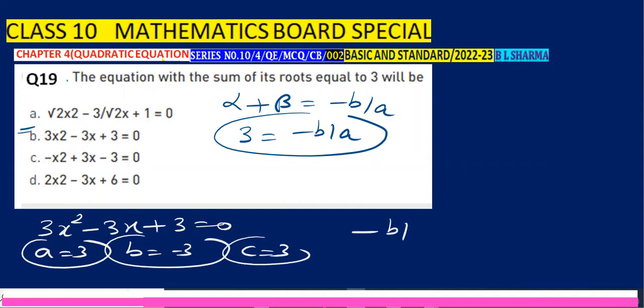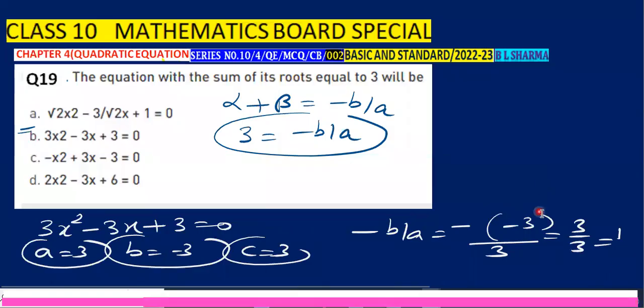So here minus b upon a is minus minus 3 upon 3, plus 3 upon 3, that is 1. So this is not possible. It means second is not there.